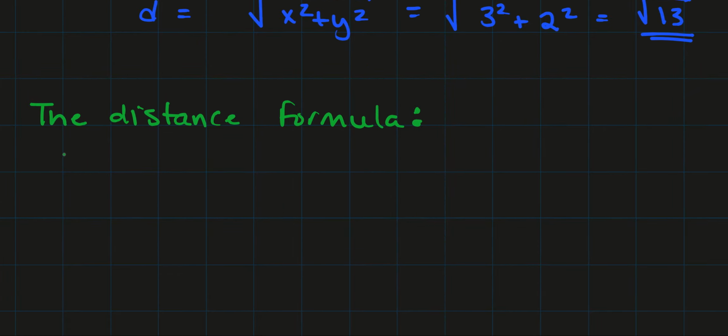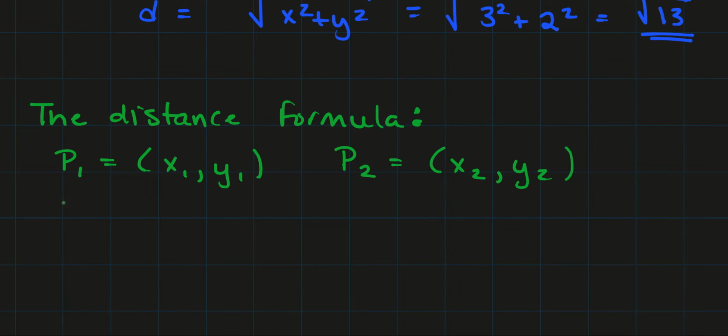Suppose you have 2 points, P1, which I'm going to label as (x1, y1), and P2, which is (x2, y2). The distance between these 2 points, you'll see it labeled as d(P1, P2).